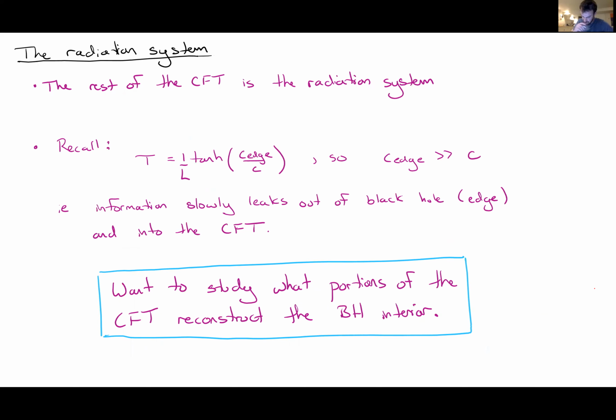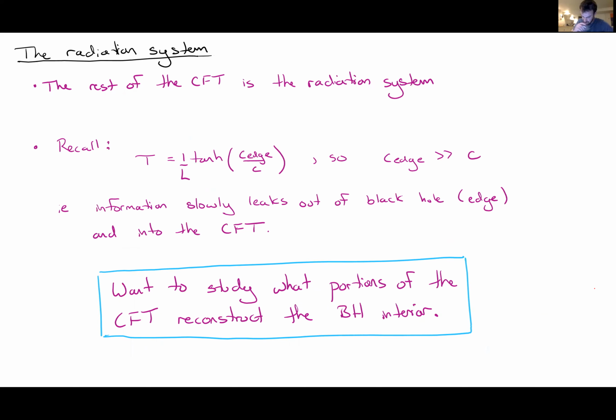So the CFT is the radiation. This is basically the same as the doubly holographic models that are very popular. It's just in a bit of a different language, of boundary conformal field theories.